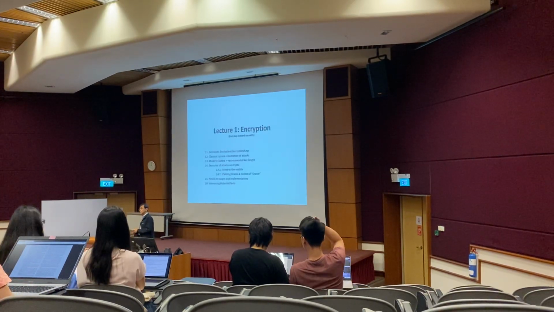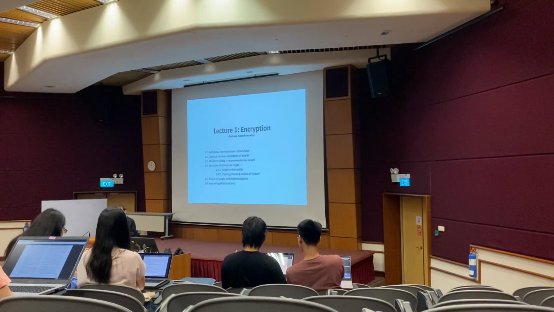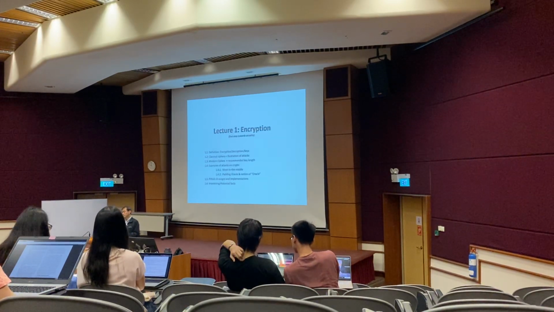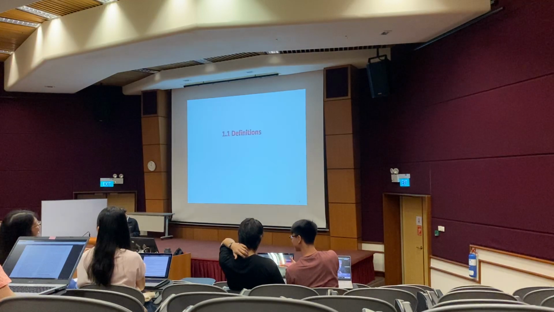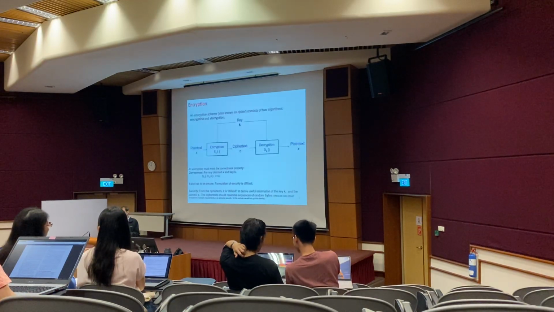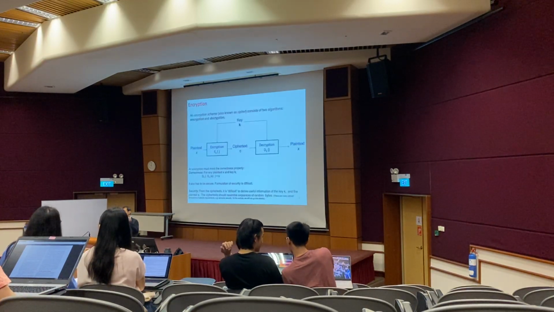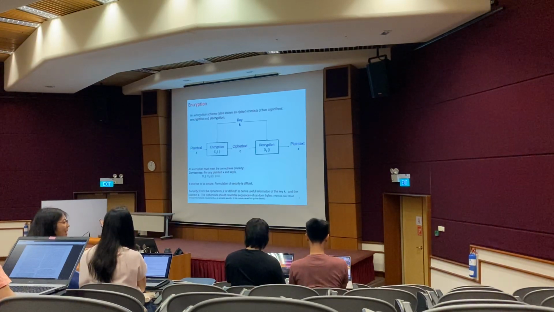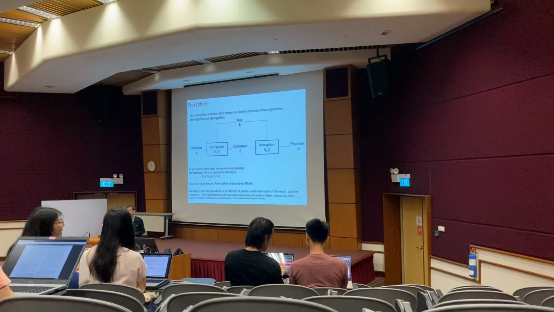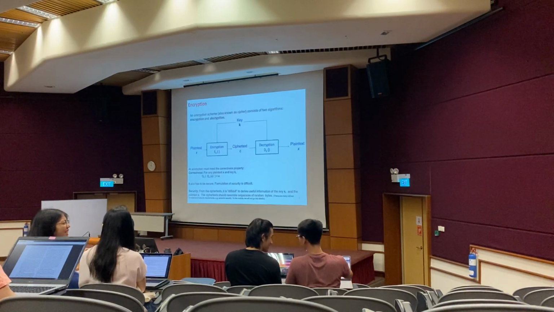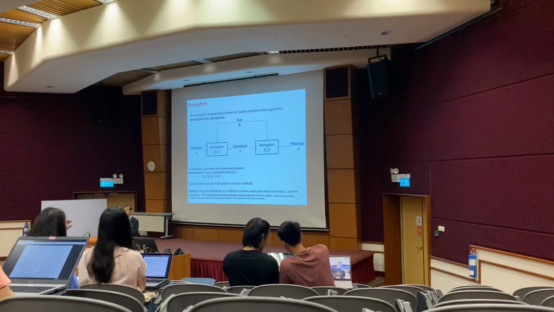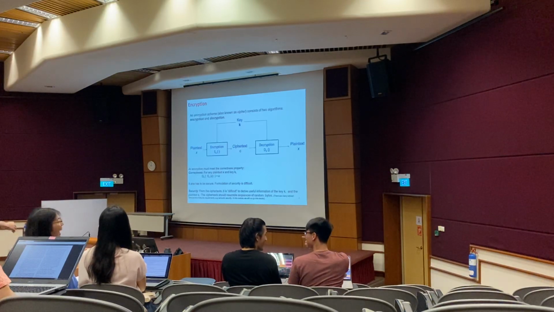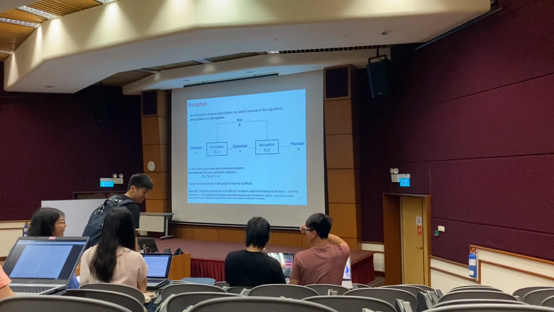So last week I mentioned encryption. Encryption is a first step towards security. The definition: encryption takes a secret key and a plain text, encrypts it, and produces what we call ciphertext. The decryption algorithm takes the ciphertext and the secret key, decrypts it, and gets the plain text.